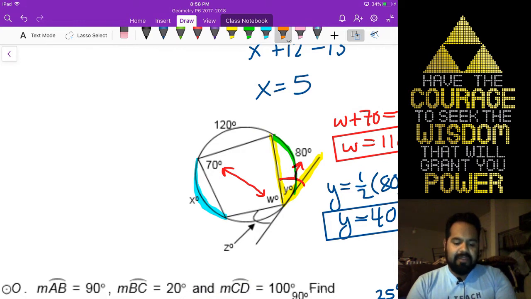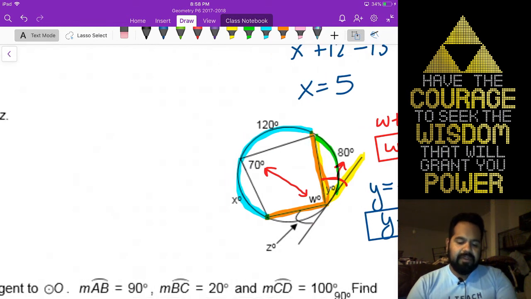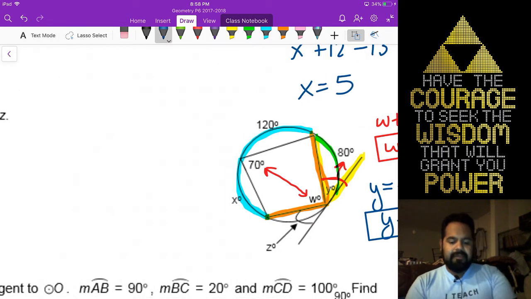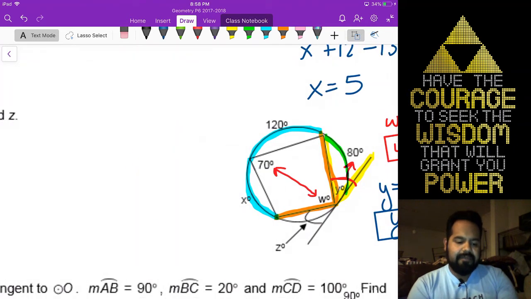Well, there's only really one that I can use, and that goes from here to here. So that means I need to extend the ice cream all the way out here.